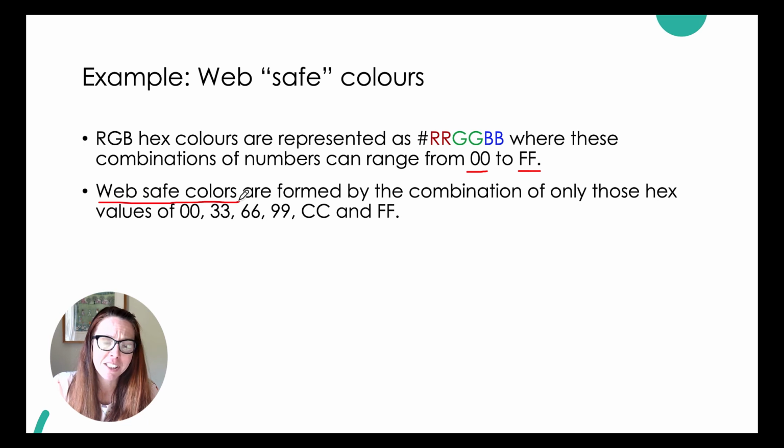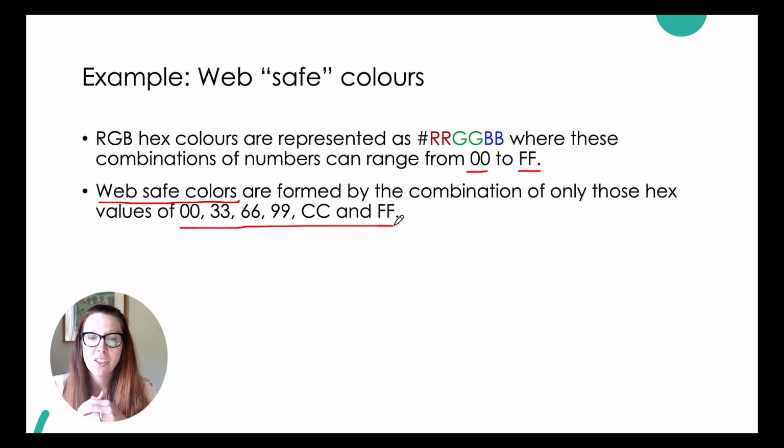People don't have enough RAM to withstand that much information. That's 256 possible colors for red, green, and blue. Instead, we need to store less information, and so we're going to allow you to choose anything from this possible set: 00, 33, 66, 99, CC, and FF. And so if you have colors within a certain range, we're only going to present these. These are considered the web-safe colors.